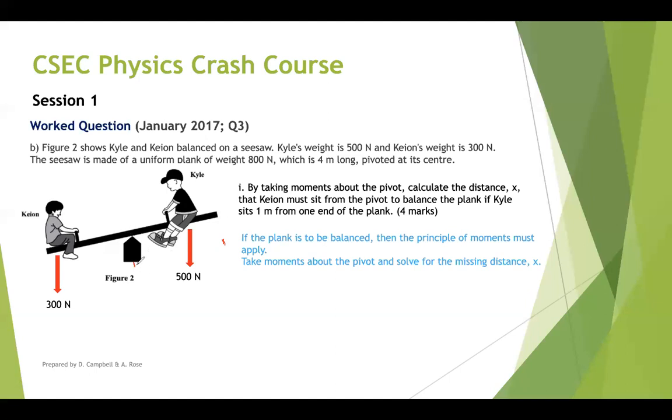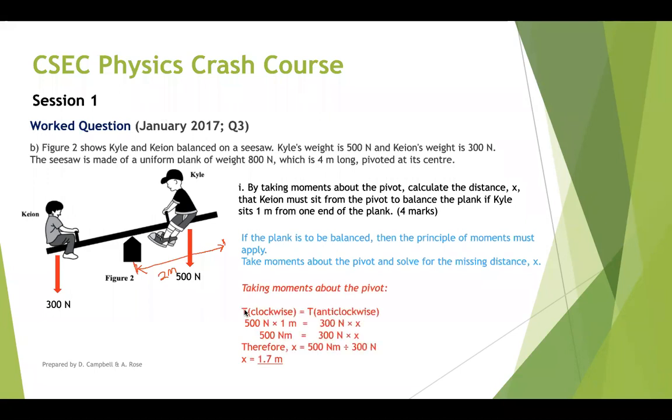Right? So this distance would be 2 meters, and Kyle is seated 1 meter from the end, which means that he would be 1 meter away from the pivot. Right? So we can use that information as well as Keon's weight. Keon is to the left of the pivot, so it means that his weight would be supplying an anti-clockwise moment. We don't know the distance, which is what we're solving for.